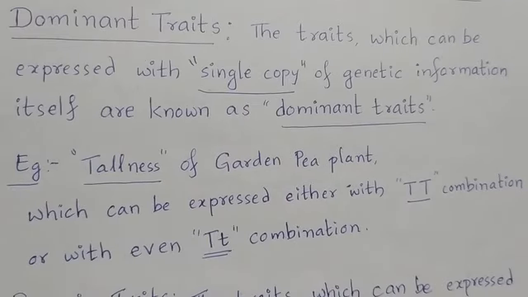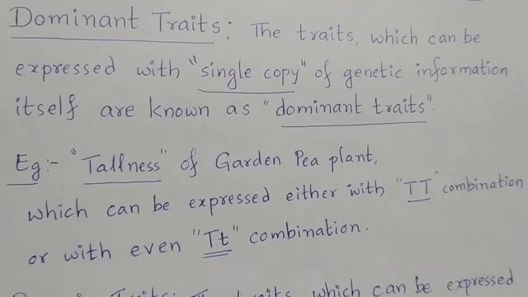The tallness trait can be expressed either with the capital T combination or with the capital T small t combination. In the capital T small t combination, how many copies of tallness trait information are there? Only one copy. So this trait is able to express itself with a single copy of genetic information itself.